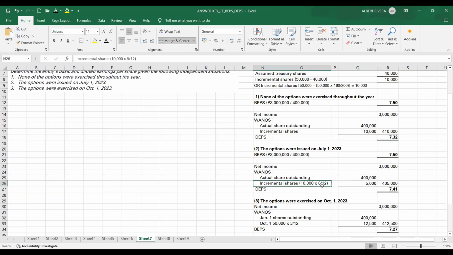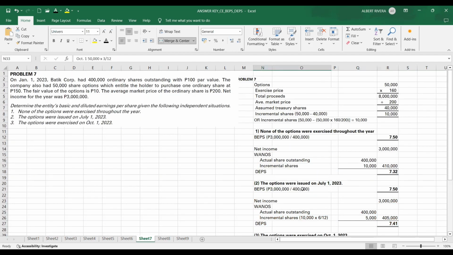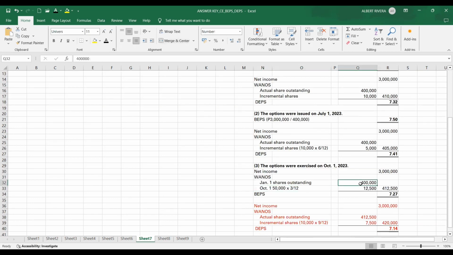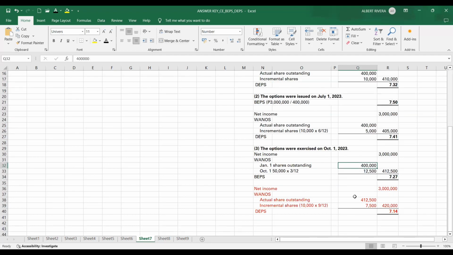So, 10,000 times 6 over 12. Ito, 50,000 times the options were exercised, no? Times 3 over 12. This should be 10,000. 10,000 incremental shares. 400,000 tapos incremental shares dapat of 10,000 times 3 over 12. So this is 7.27.